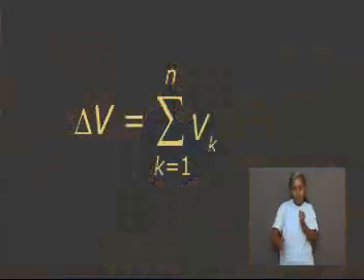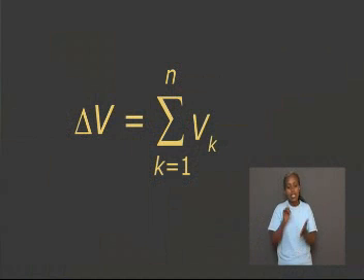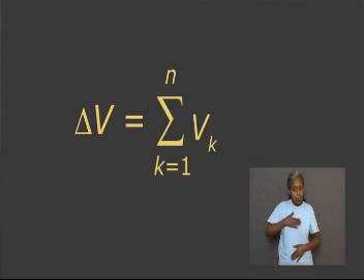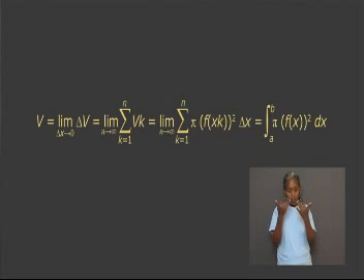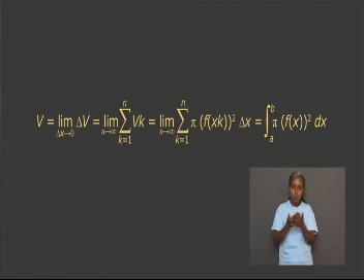If we are to calculate the total volume of the revolution, we must add all the different sectional volumes together. That is expressed by this formula. Please be sure to make a note of it. Now we are ready to calculate the total volume.